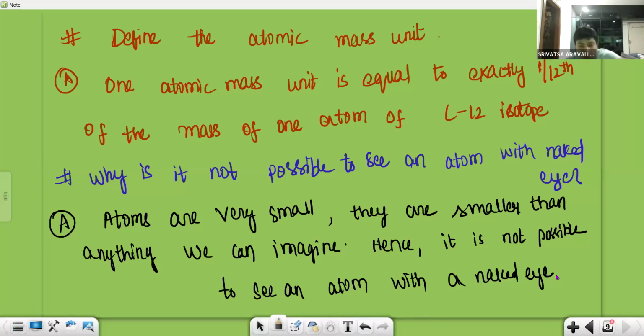Because atoms are the smallest particles of matter, very small in size, that's why we cannot see them with our naked eyes.